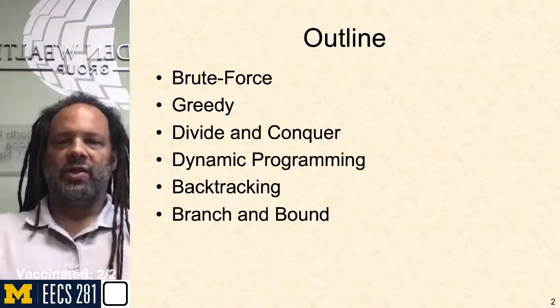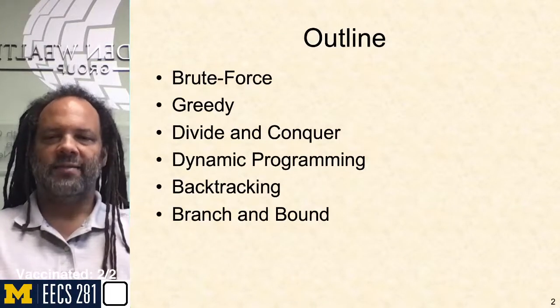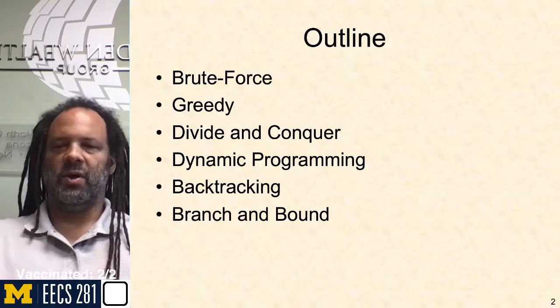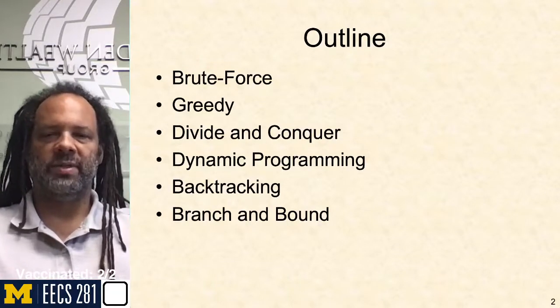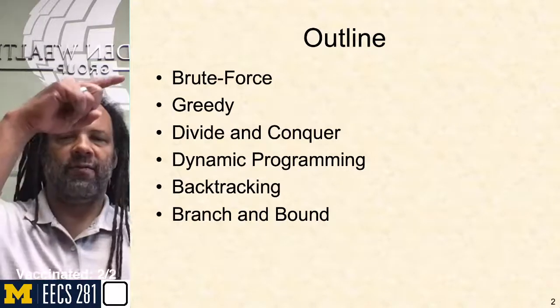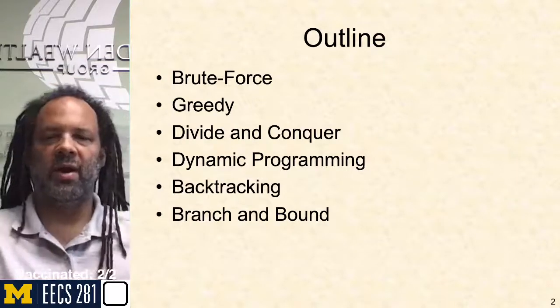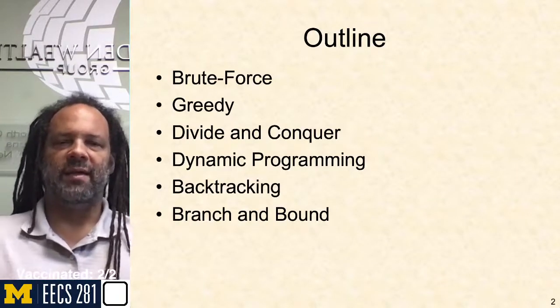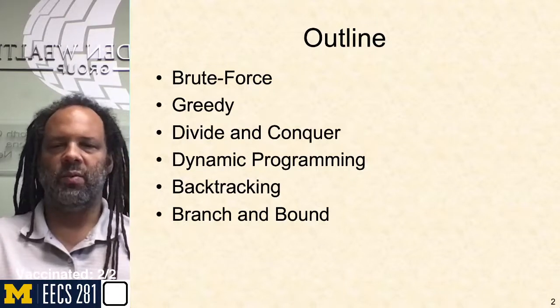Our outline for today shows these 6 families of algorithms. So we won't be talking about many algorithms in particular. We're talking about how particular groups of algorithms work together. Our first 2 that kind of run in a pair are brute force and greedy. They've got some relationship to the way that they work.